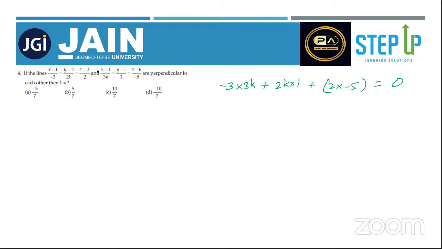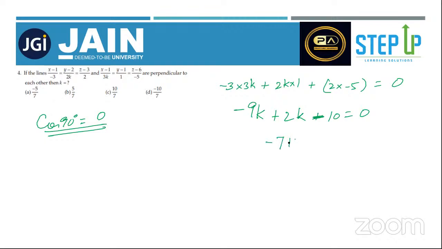And since it is perpendicular, cos theta will be for 90 degrees. 90 degrees is 0, correct? So this is equal to 0. So this is minus 9k plus 2k minus 10 equal to 0. So here minus 7k equal to 10. So what is k equal to?